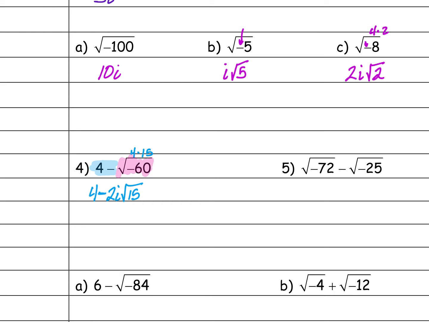So 60, I know 60 is 4 times 15, because 15 and 15 is 30, and 15 and 15 is 30, and 2 30s make 60, okay? So 4 times 15, so the square root of 4 is 2. The square root of the negative sign is an i, and I have a 15 left inside.